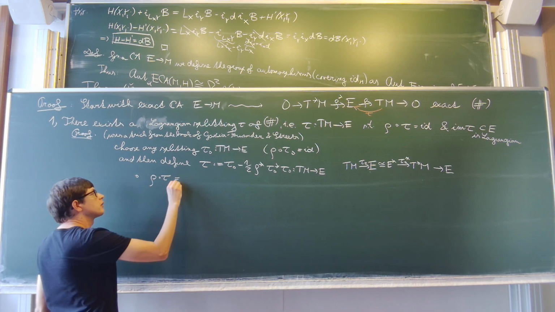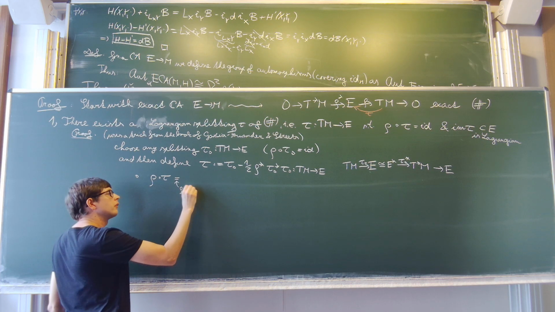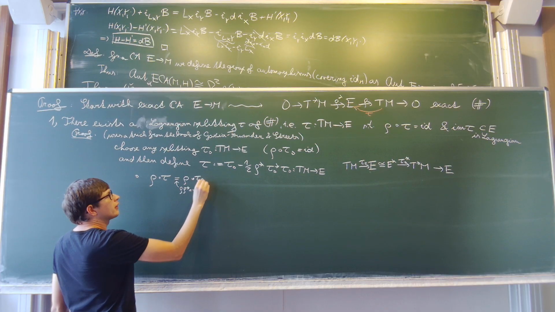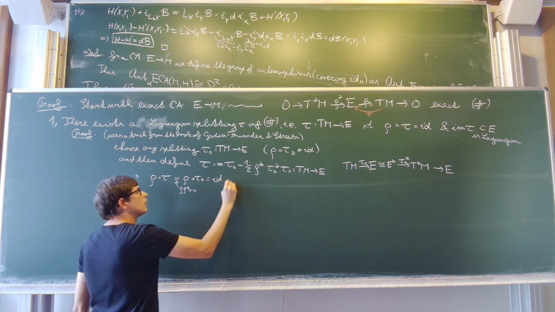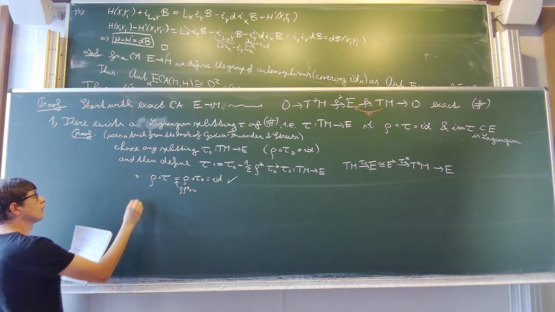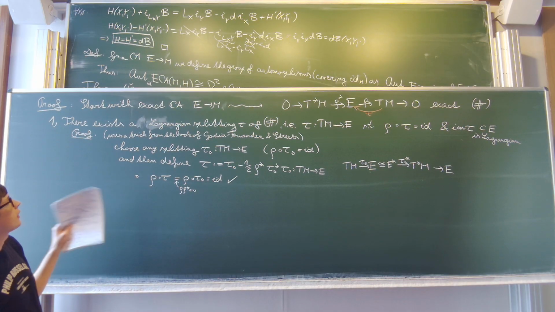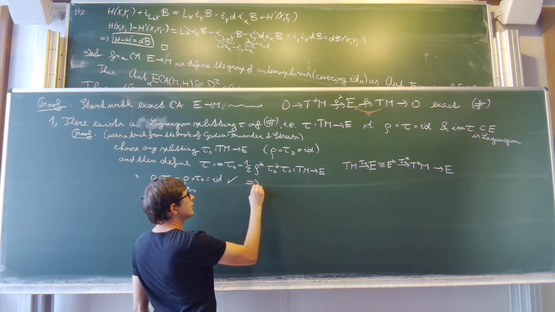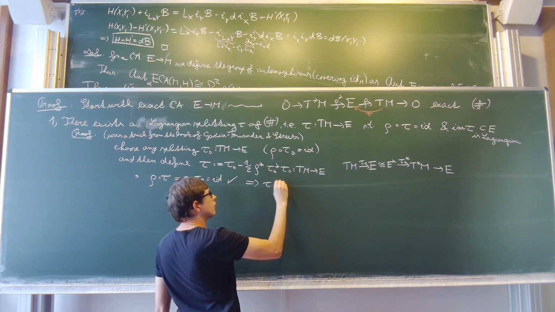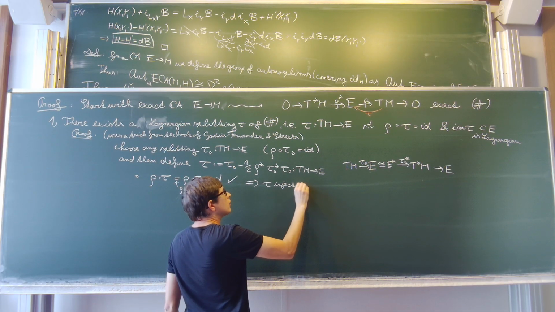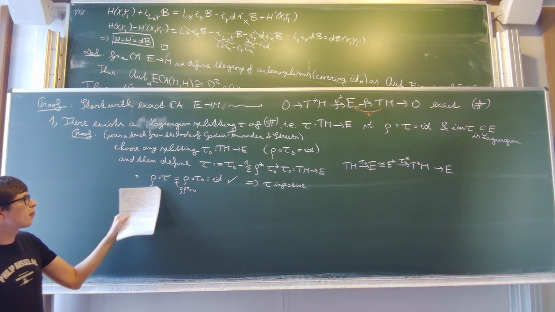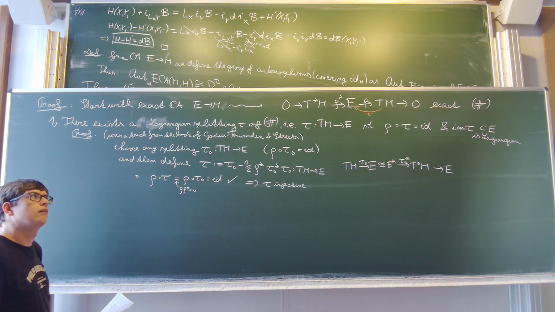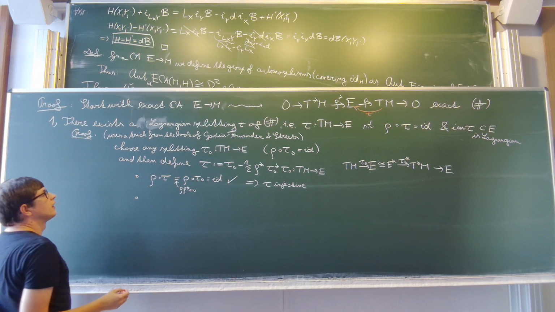So here, using that, I get that this is the same as just composition with tau 0, which is the identity, so this works. Note also that this implies that tau is injective, because after you post-compose it, you get identity.